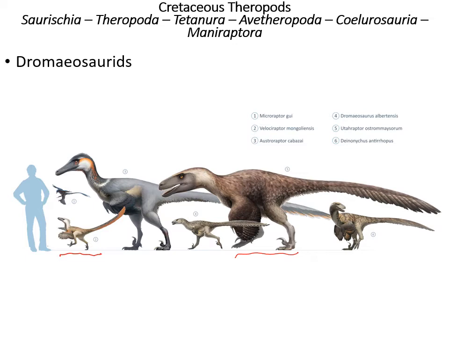But I do want to point out that we do have strong evidence, such as attachment sites on the arms and even feather impressions for many of these dromaeosaurids. So whether they were small ones like Microraptor or weird ones here like Australoraptor or the giant Utahraptor or even the common Deinonychus, they were probably all feathered to some degree or another.